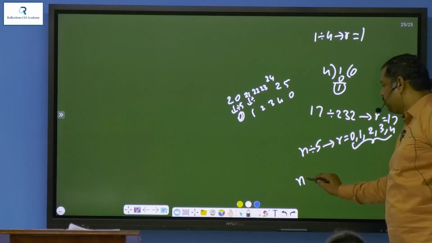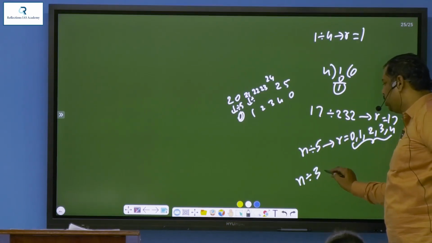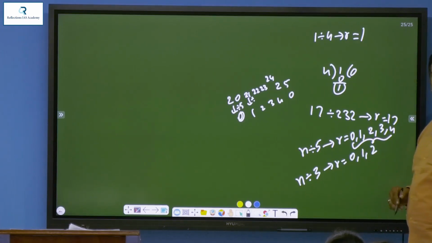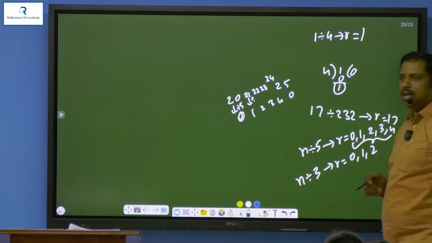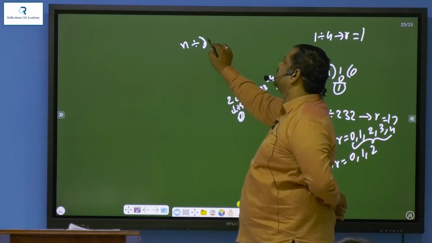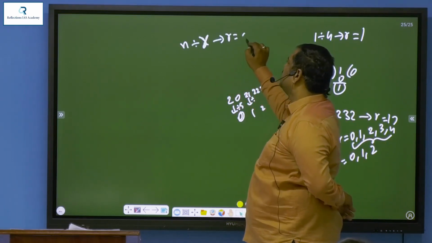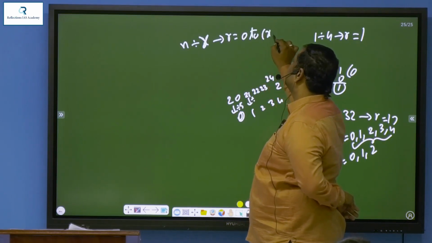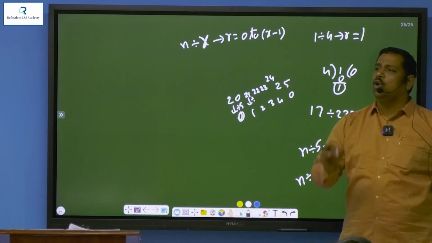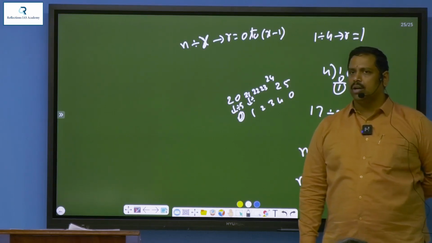Suppose if you divide a number with 3, what are the remainders you will get? 0, 1, 2. So, generalize. If you are dividing a number with something called x, the remainders are 0 to x minus 1. Got it?